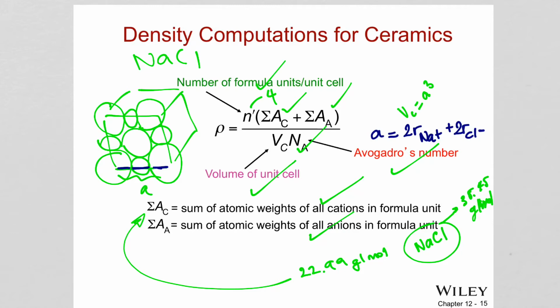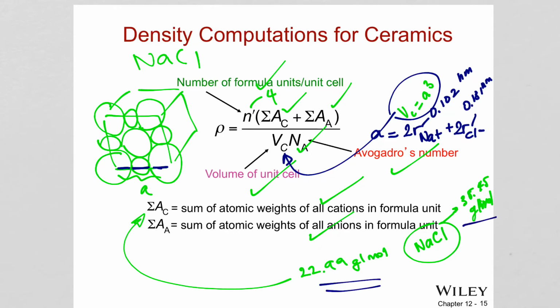This one is 0.102 nanometer, this one is 0.181 nanometer. So based on that you plug it in and you get A cubed as a volume. So plug in the A cubed, the Avogadro's number, and atomic weights, and n prime is 4, and make sure you are correct with the units.